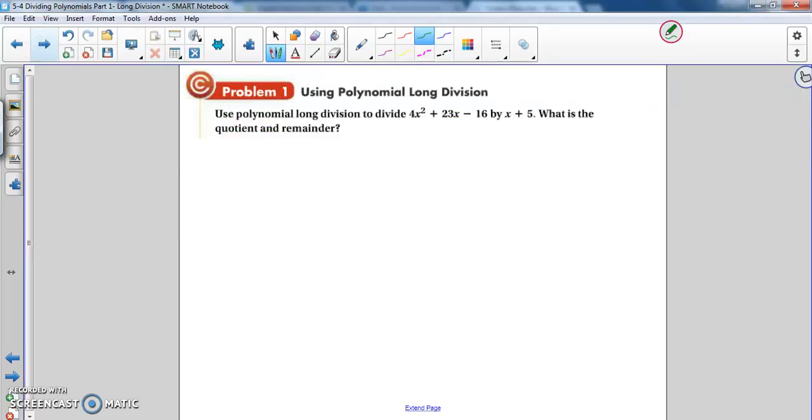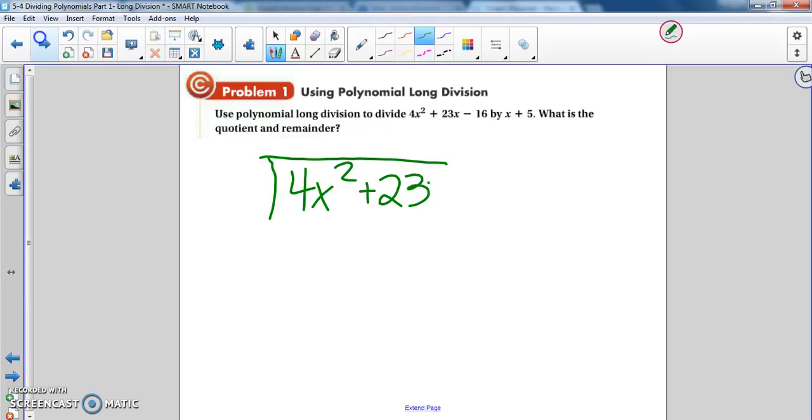So using polynomial long division, we are going to divide 4x squared plus 23x minus 16 by x plus 5. So I'm going to set it up. And what I'm really going to be focused on is this first term, x.